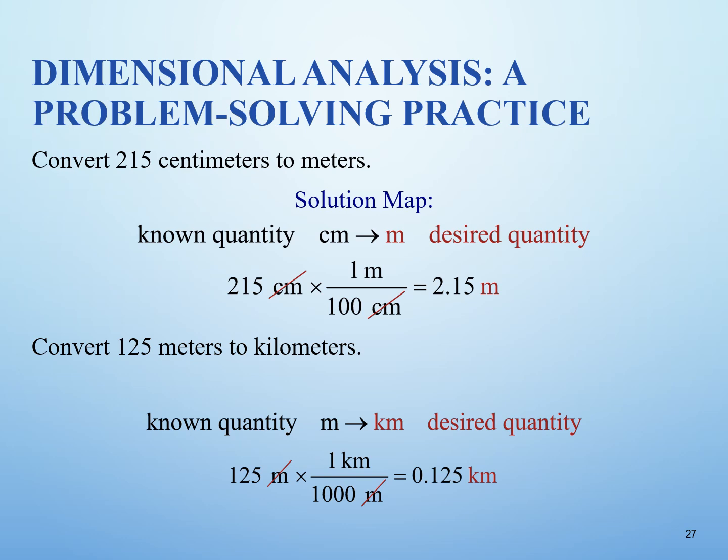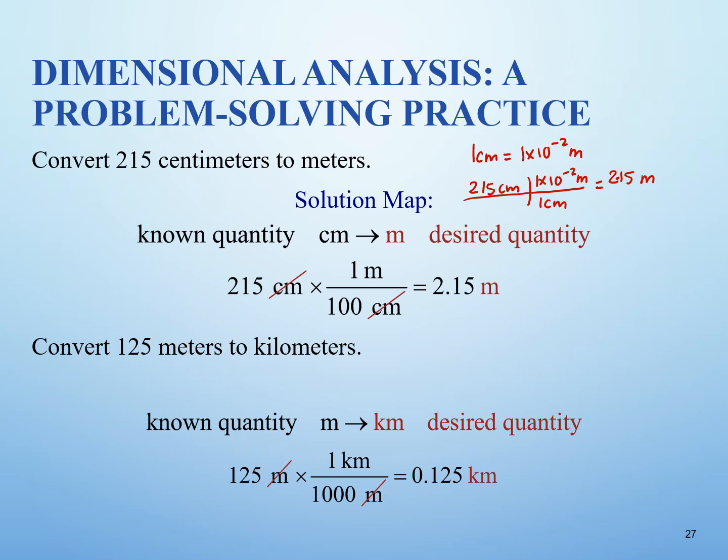We know that 1 centimeter from the table means 1 times 10 to the minus 2 meter. And then we could also write 215 centimeter, and I'm going to put my centimeter on the bottom, so 1 centimeter is on the bottom, 1 times 10 to the minus 2 meter goes on the top, and you'll see you get the exact same answer, 2.15 meter, right there.